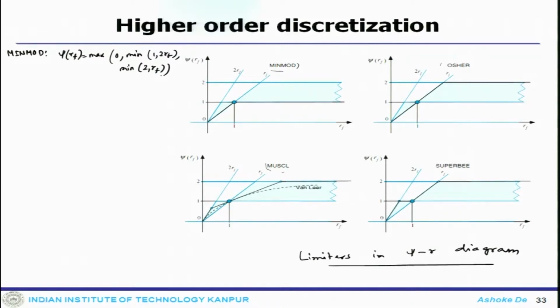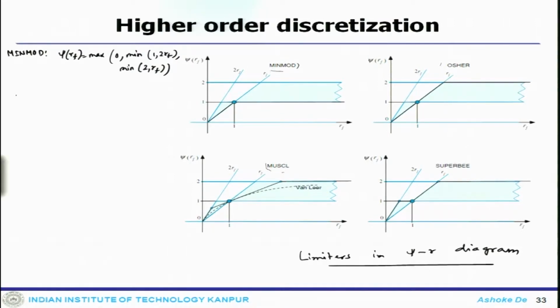So, that is how it takes. So, it is the maximum of one of these three, and there it could be either the minimum of 1 or 2 RF, or the minimum of 2 and RF. So, that is where the minmod limiter is picked up.